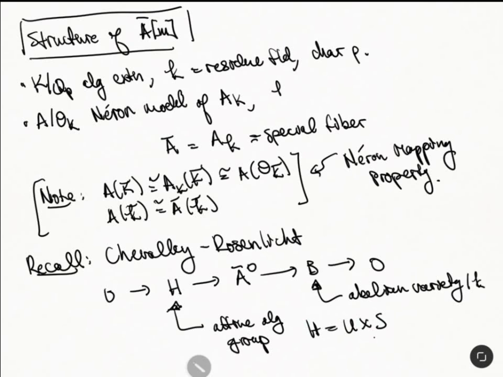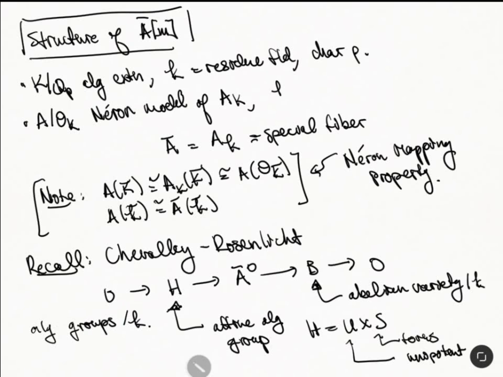But this part here is a torus, and this part here is unipotent. A torus is just a product of G_m's, and an element is unipotent if that element minus the identity is nilpotent. We're just thinking of these as matrices. So we have this exact sequence of algebraic groups over this field K.